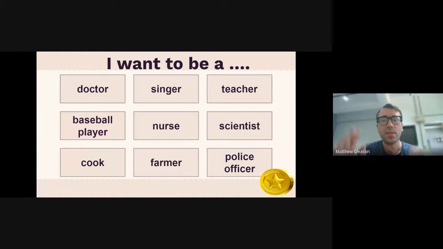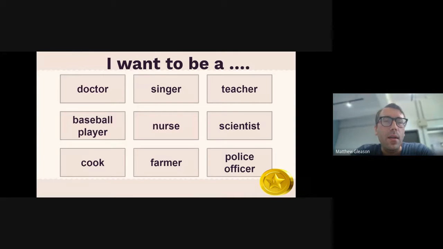So usually 6 to 8 is a good number. 7 plus or minus 2, because we don't want to overwhelm our students. We don't want to give them too many words to memorize and then they memorize none. But again, a very simple, quick, and easy activity. You can insert any vocabulary that you want to do. Now you have a go-to vocabulary activity.